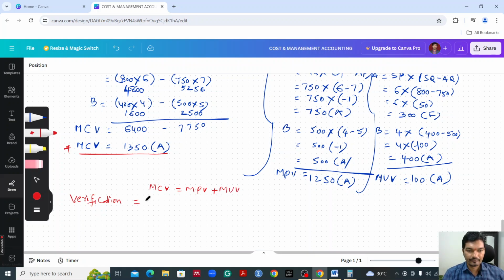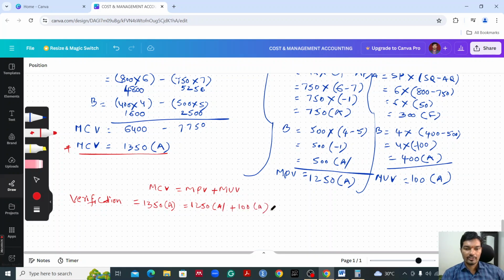The MCV is 1350 in adverse is equal to MPV 1250 in adverse plus the MUV is 100 in adverse. So both values we got in adverse. 1250 is a minus value, 100 is also a minus value, together 1350, hence it is verified, proved. We have done the correct process.